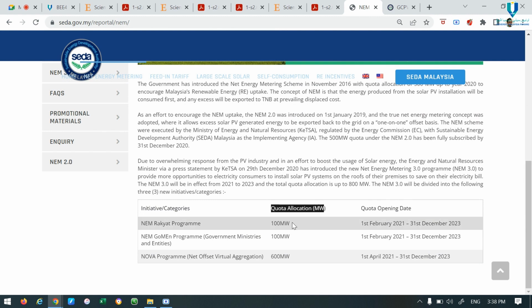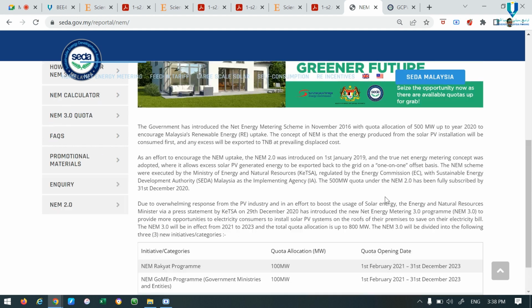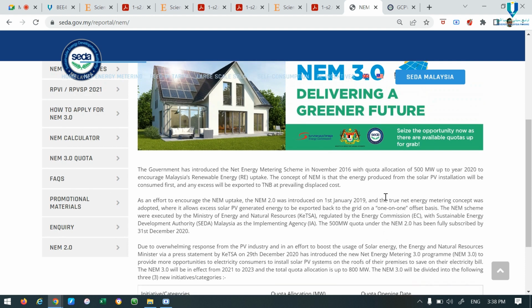For example, NEM Rakyat is 100 megawatt per year for all quota for Malaysians, and the NEM Government another 100 megawatt, but for NOVA it is 600 megawatt. So it relates to companies. It's still active until the end of next year, 2023. Okay, and then what else?